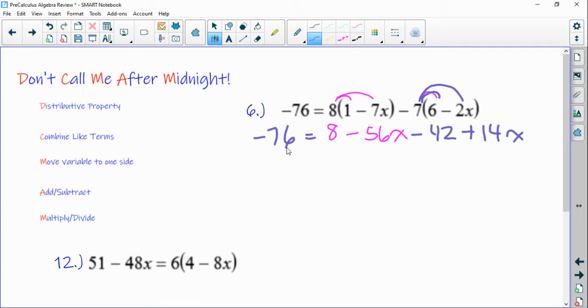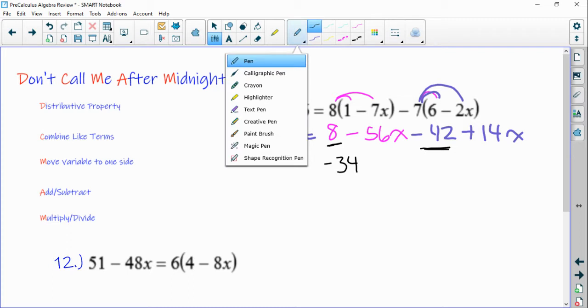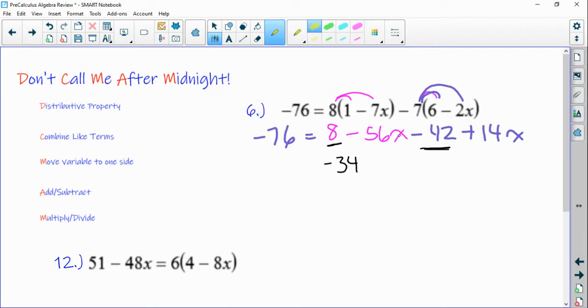So we distribute. Now we're going to combine like terms, and my like terms right here on this side are 8 minus the 42. And 8 minus 42, we have -34. The next terms that we need to combine are -56x with the positive 14x. That's -42x.